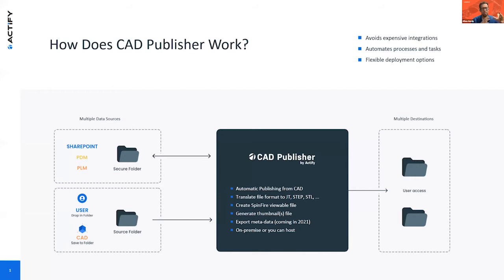Once that data gets placed into that inbound folder, CAD Publisher will be triggered to run the process, as you see here in the middle of this diagram: convert to JT or STEP or STL or many other formats, convert that CAD data directly to a SpinFire file, or images, or extract metadata or run processes.